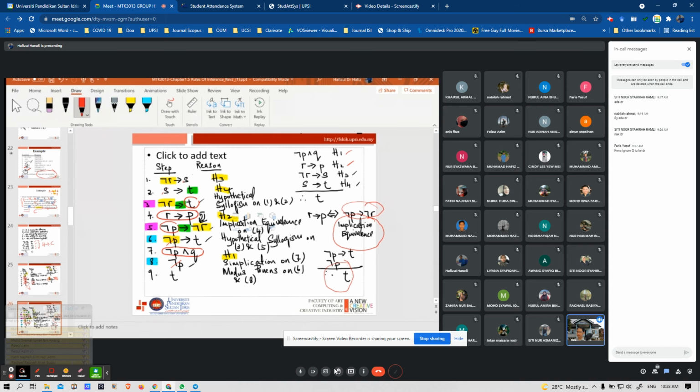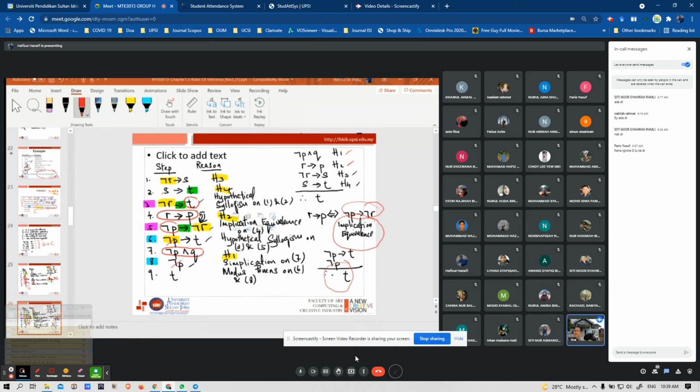Okay, for the hypothetical syllogism, we want to derive P implies T, on 3 and 5. We do the hypothetical syllogism.